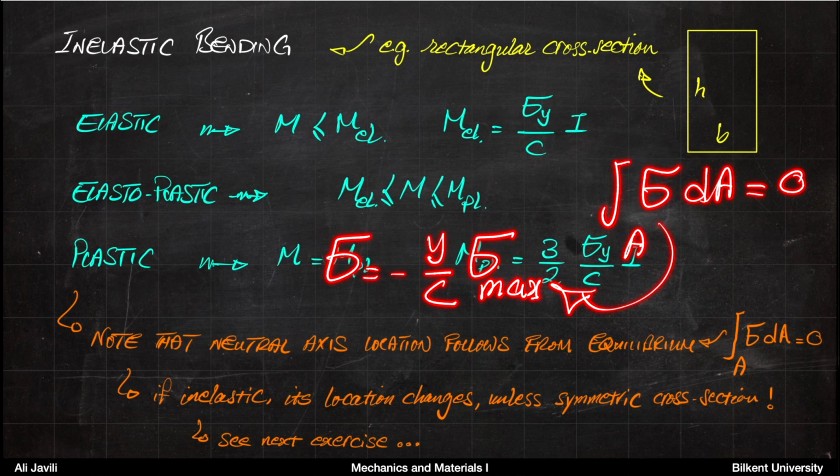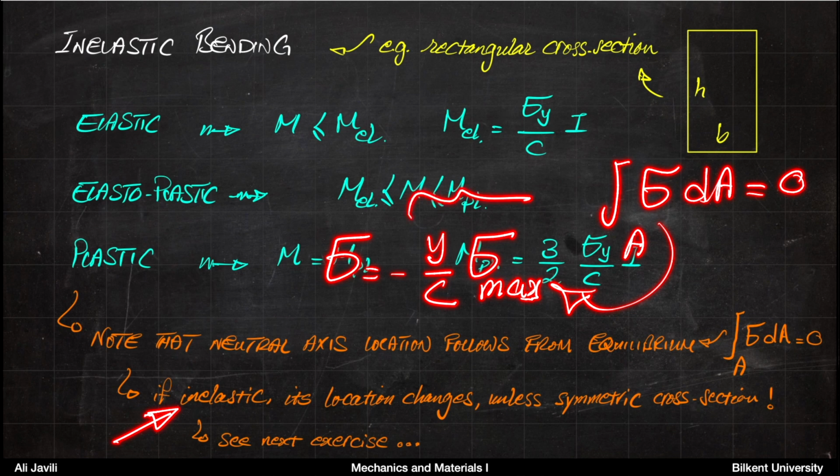So we calculated the neutral axis for linear stress distribution. Now, if you enter into this inelastic zone, and especially if you have unsymmetric cross sections, what can happen is that the position of the neutral axis can also change, because the relation here would change.